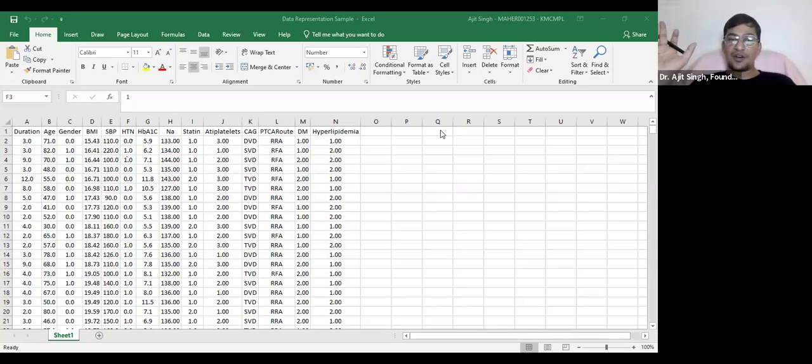So which drug was given in antiplatelets? There are 3 drugs. Tell me what type of data it is. Who is writing discrete or binary, guys? Come on, man. There are 3 numbers. How can it be binary?